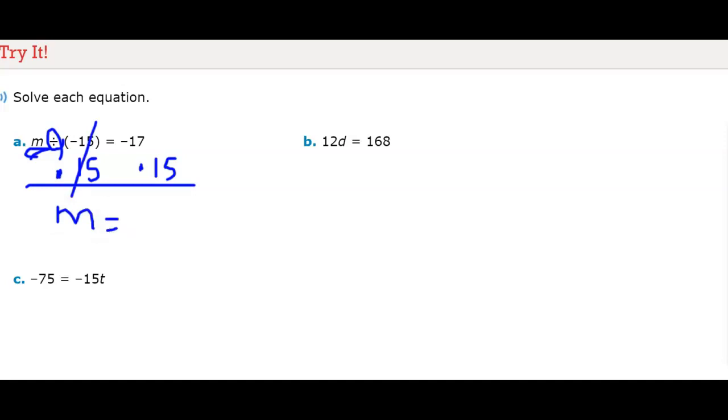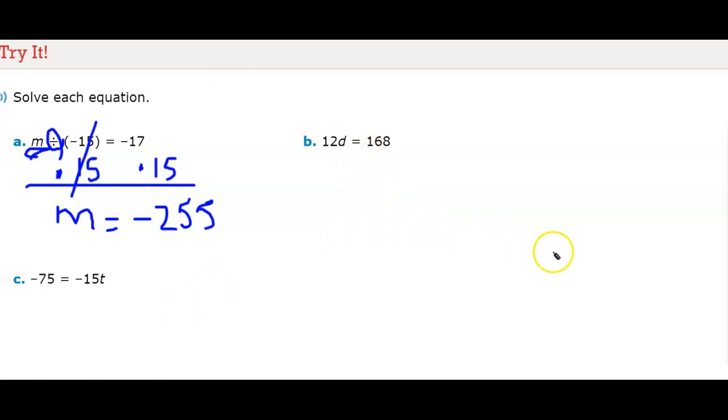And then negative 17 times 15, and that will give us negative 255.